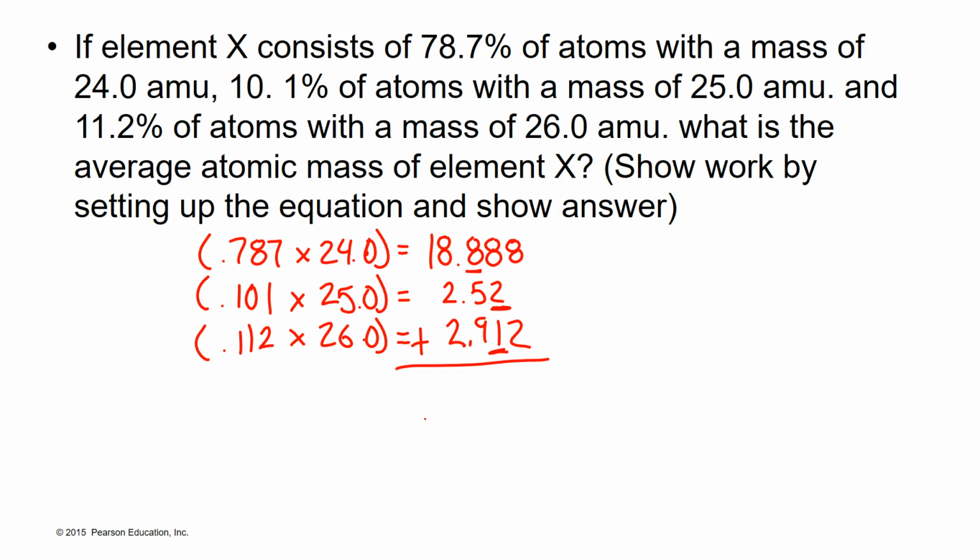So I add them all together, and I get 24.32. And I'm only caring about that 24.3. So if you answer 24.32, you weren't wrong. But to be sig fig precise, what it would ask for on the test, 24.3 is the best answer you can give there. Questions about this? If not, let's do this part.